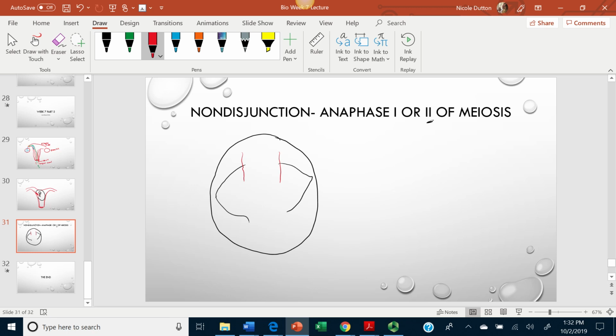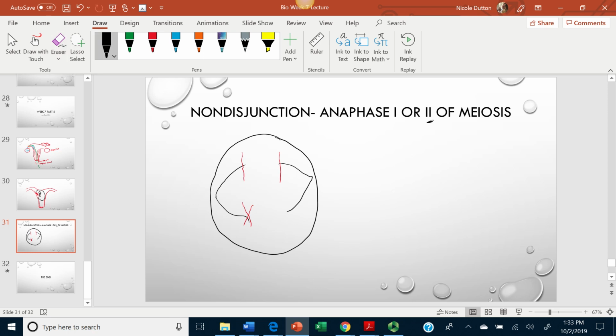But if we have a non-disjunction event, the chromosomes are not going to separate for one of the pairs of chromosomes. So both chromosomes are going to go toward one end, and the other side is going to be missing that chromosome.